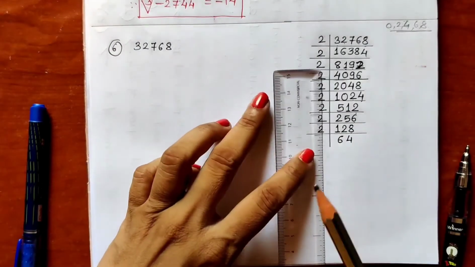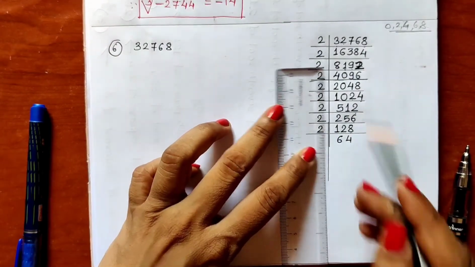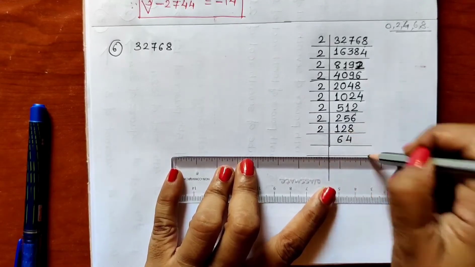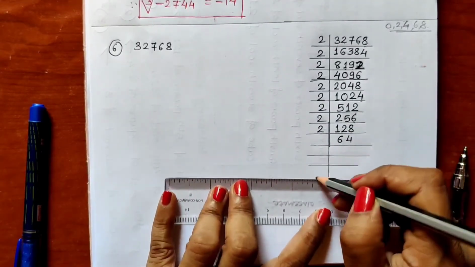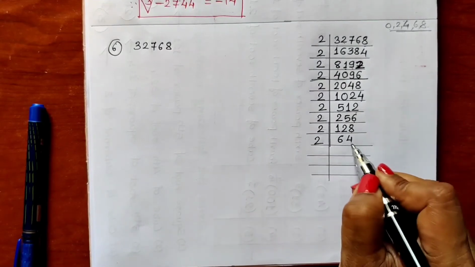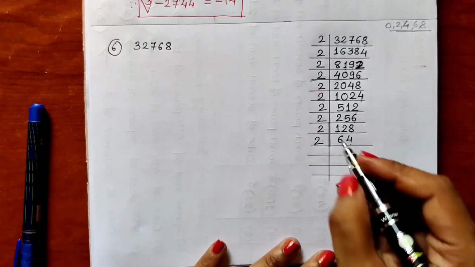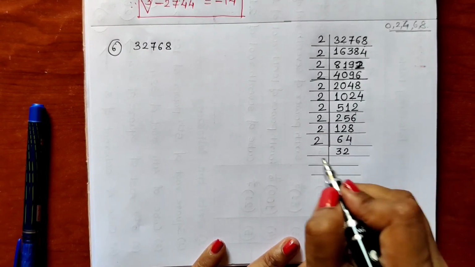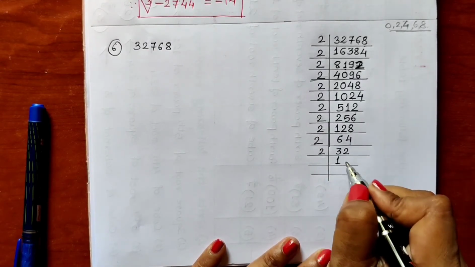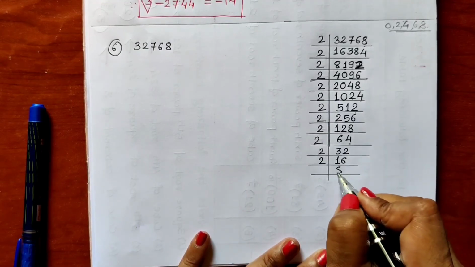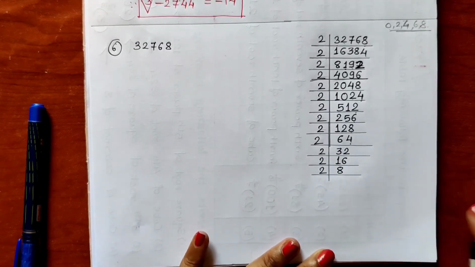Let me increase my steps. Okay, so again it is divisible by 2 because 4 is in the unit place. 2 3s are 6, 2 2s are 4. Again divisible by 2, 2 1s are 2, 2 6s are 12. Again divisible by 2, 2 8s are 16. Again divisible by 2.